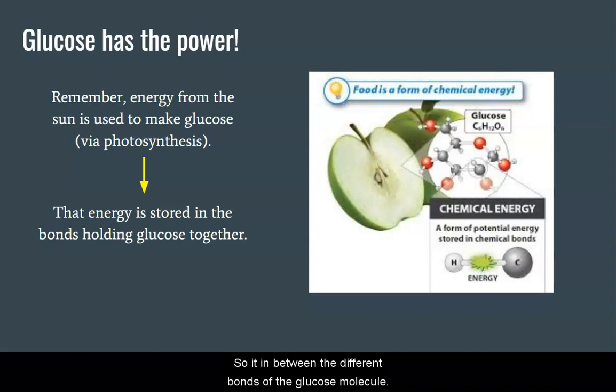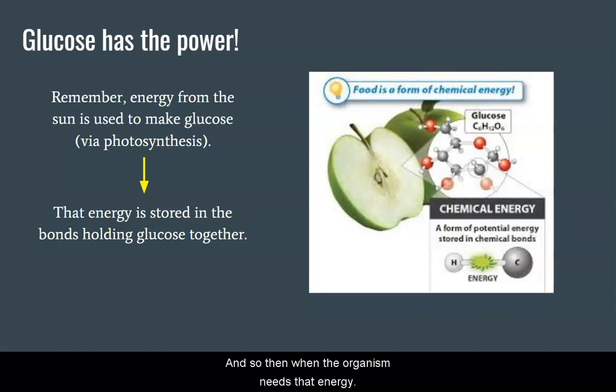So in between the different bonds of the glucose molecule, there is chemical energy, and that's potential energy, meaning that it has the potential to do something later. You can use it later. So plants are awesome because they were able to use the sun's energy, create glucose, and store it as starch. And that's really where the energy is sitting.